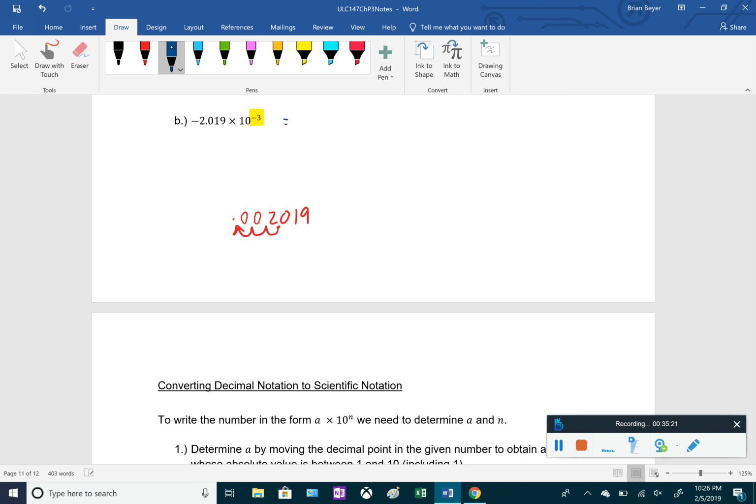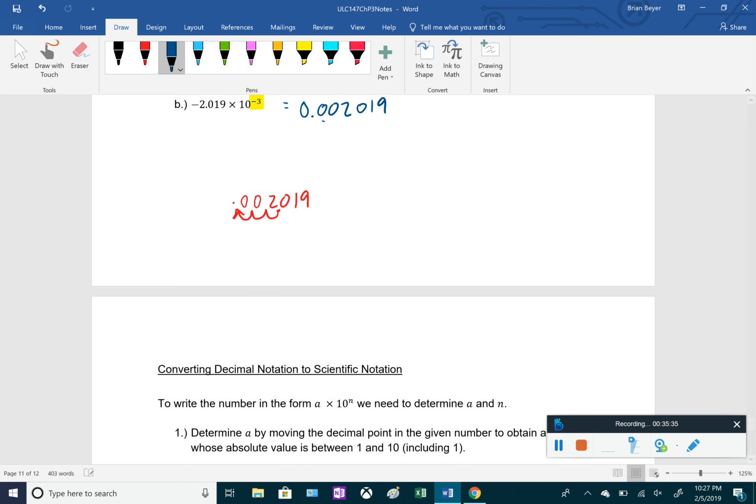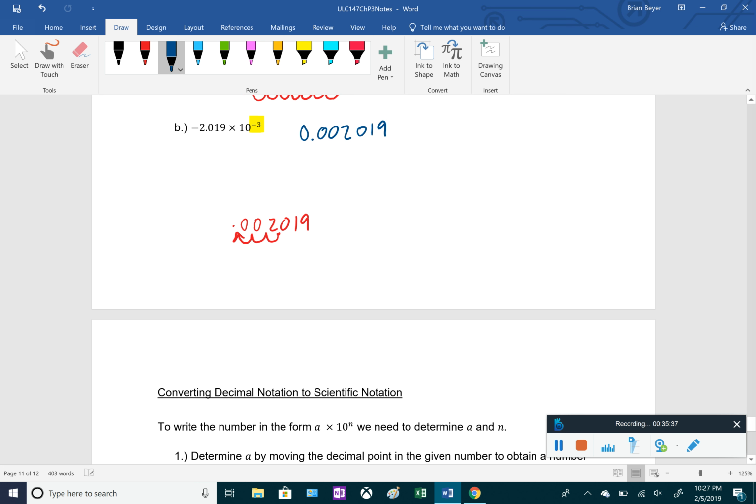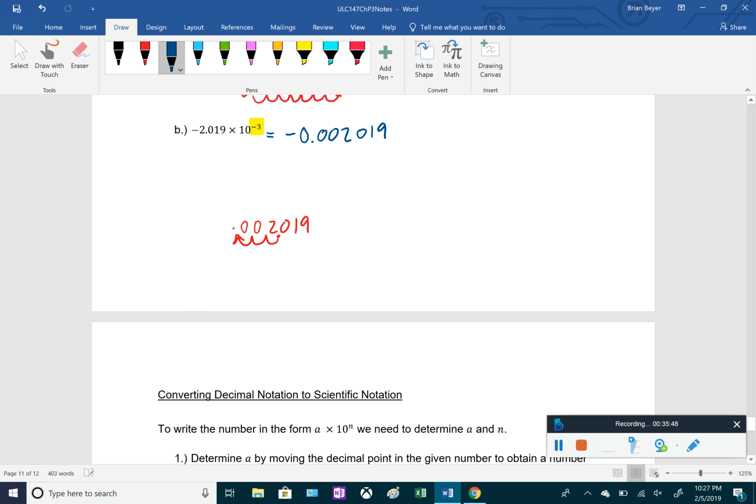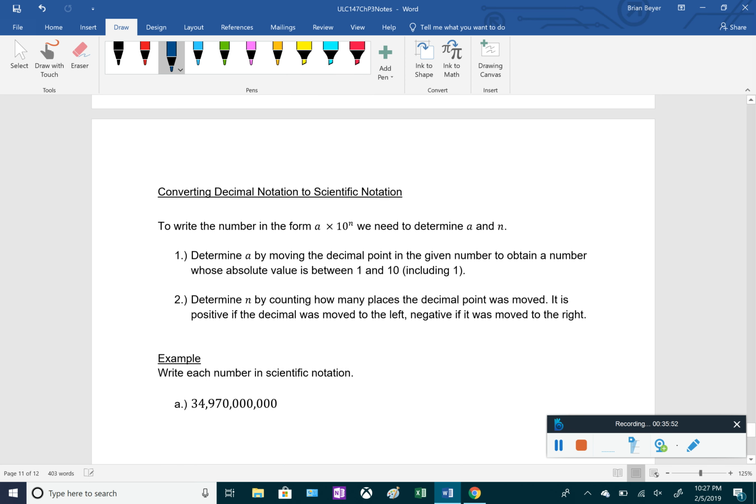So our answer here is going to be 0.002019. Okay, so not too bad for those, hopefully. Oh, actually almost forgot that negative. So it's going to be negative 0.002019. So just ignore the negative for the actual movement of the decimal and then bring it in afterwards.